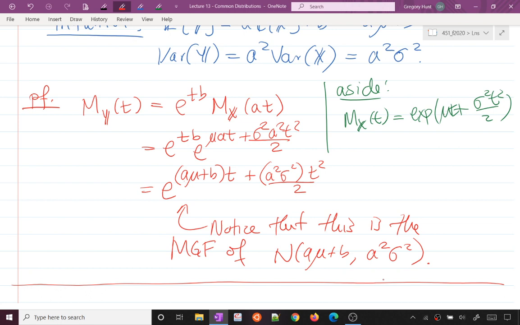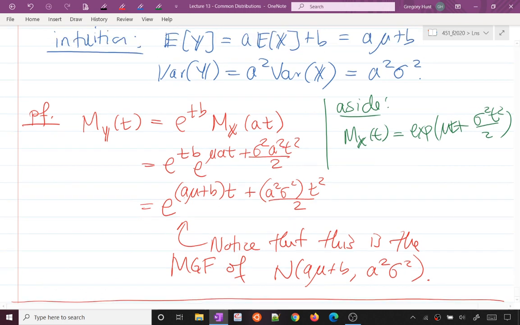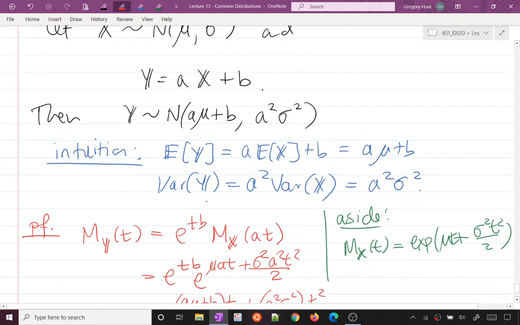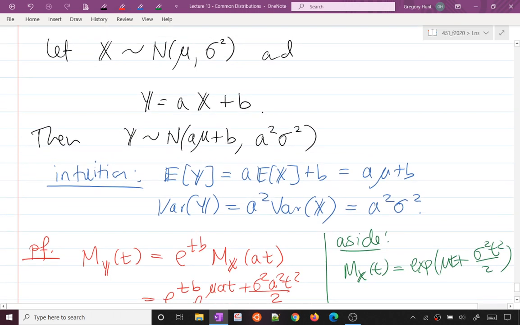So MGFs tell me everything. All right, just to say that again, if the MGF follows the form of a normal random variable, then the random variable is normal. So it's not enough to say the mean and the variance would follow that. We have to also prove that the distribution of the probability is normal.